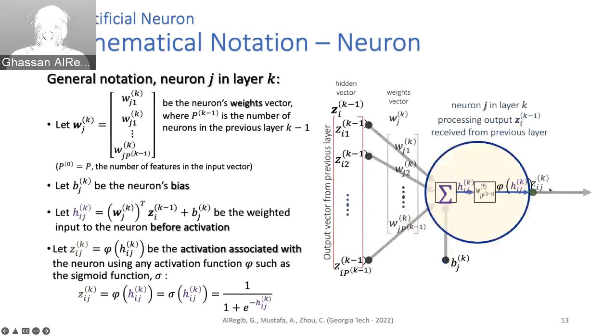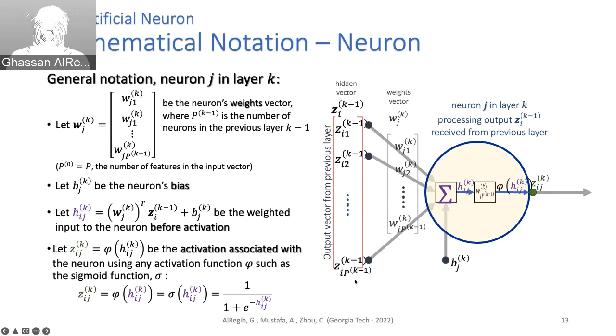Since we are at the kth layer, these inputs are coming from k-1, right? So the superscript here is k-1, k-1, k-1. And then again, we have the i, this is for the ith sample. And then the first one is z_i1, 2, and then all the way to P to the k-1.